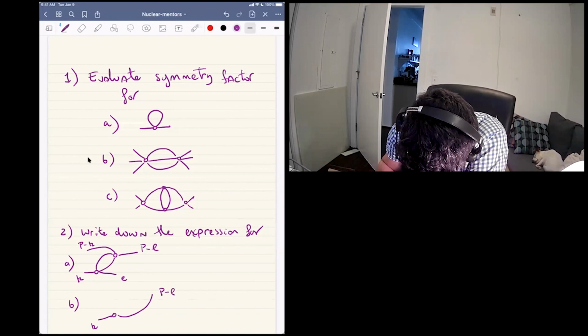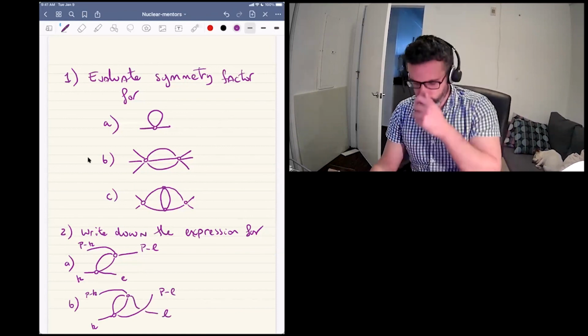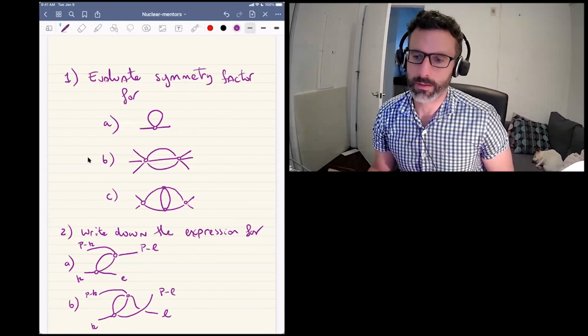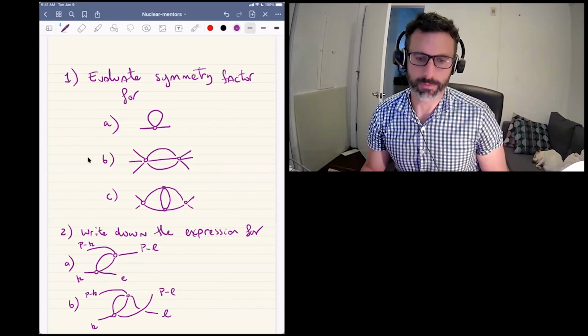P minus L. P minus K. So these two are exactly the same. I'm just interchanging what momentum the individual particles have at the end. Okay.